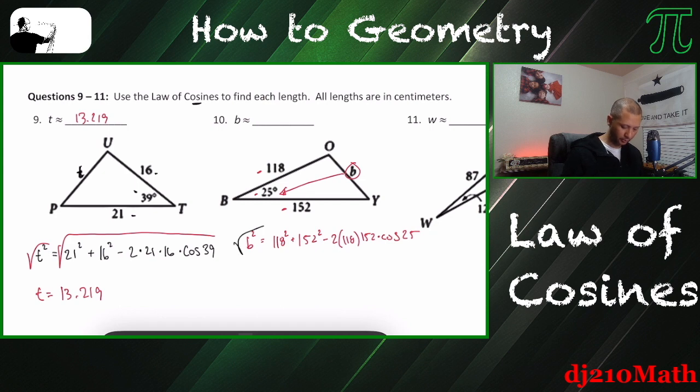We'll take a square root because we want to isolate the b. So b is equal to the square root of all of that. Calculator time. I get 67.208.